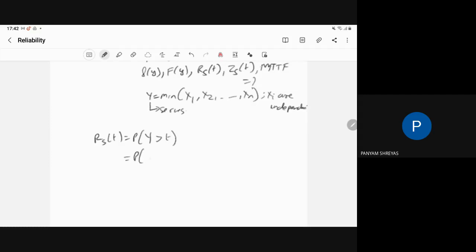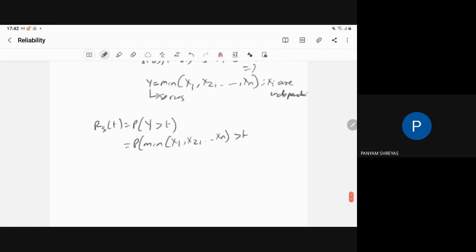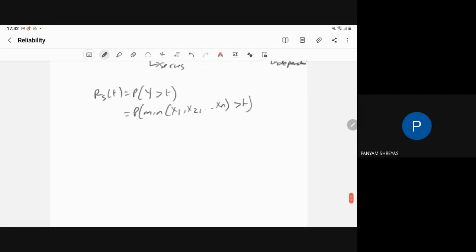So probability that the minimum of X1, X2, up to Xn is greater than t. If the minimum is greater than t, it implies that all are greater than t.